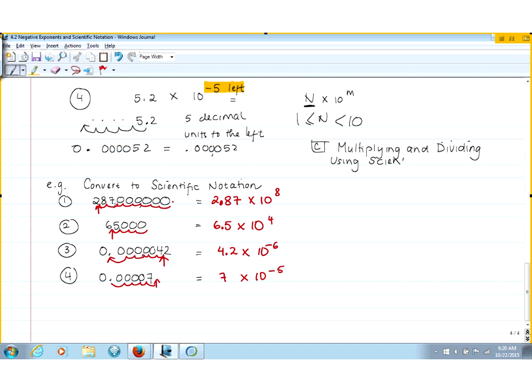Sometimes after we multiply, it's not in scientific notation, so we need to rewrite it in scientific notation again. For example, write the answer using scientific notation.